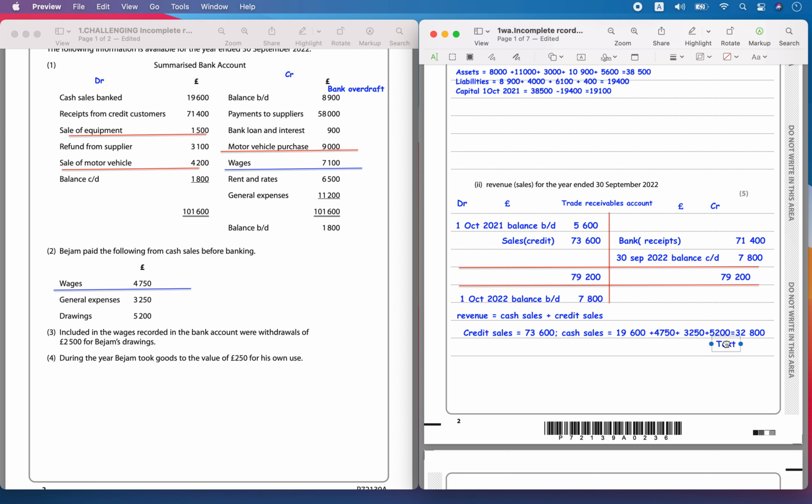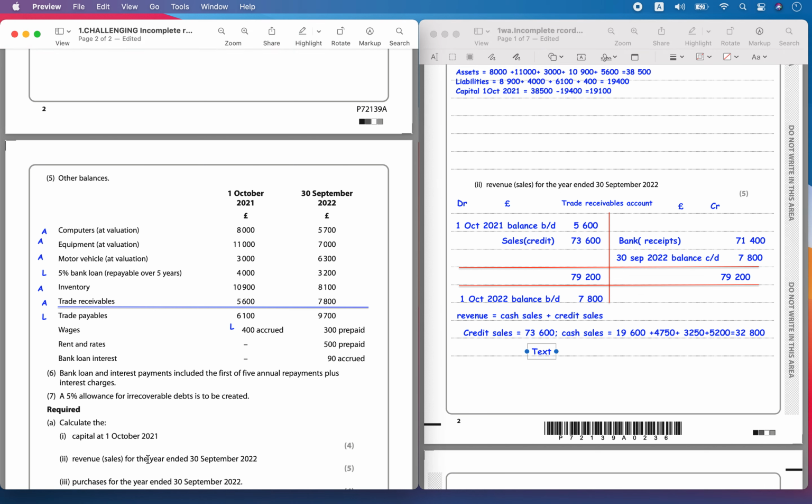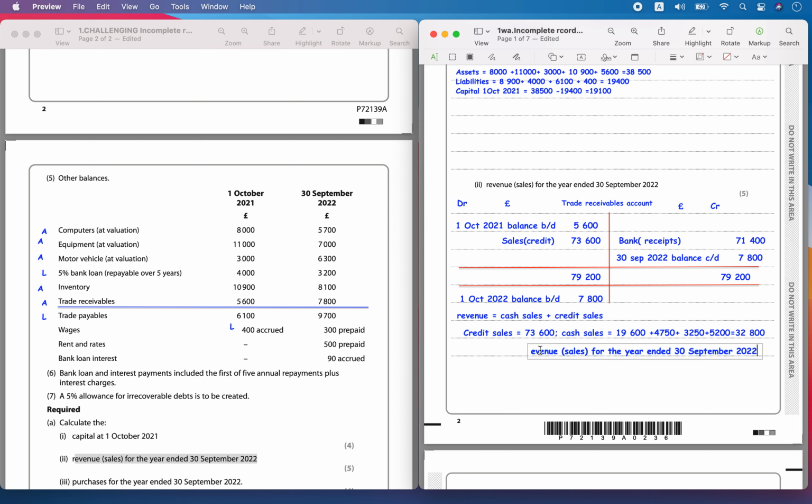Now let's calculate the revenue for the year. We have to calculate the revenue or the sales for the year ending 30th September 2022. So you just write the same thing. That value will be equal to 73,600 plus 32,800.